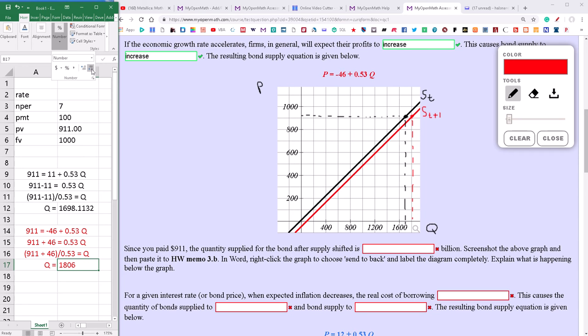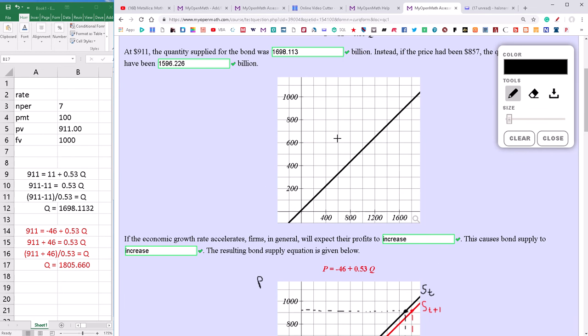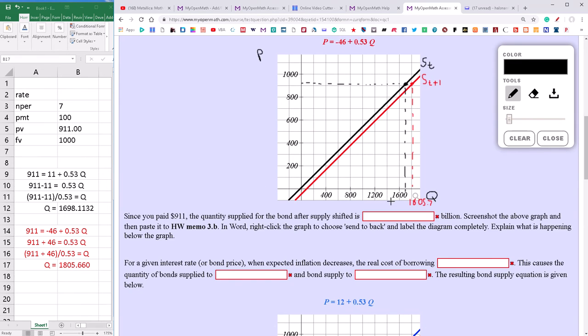Okay, so let's go back over here. 1805.7. Okay. And of course, the other value was 1596. So the black dash line is 1596.